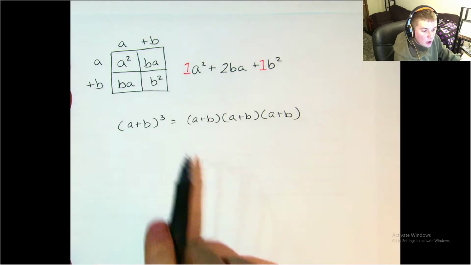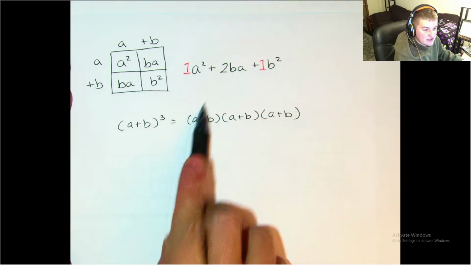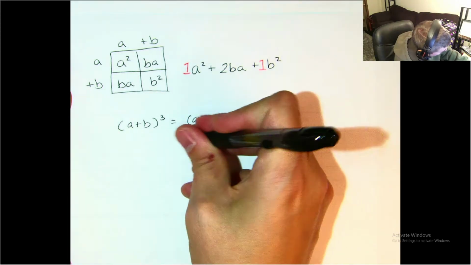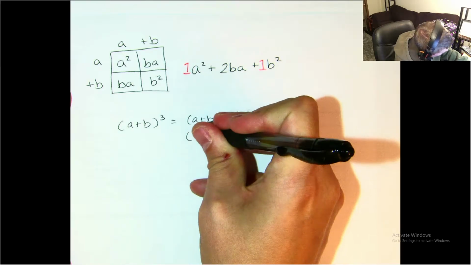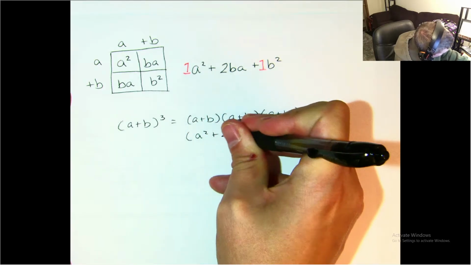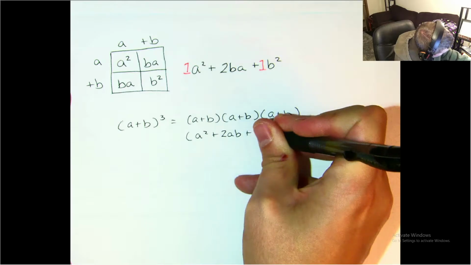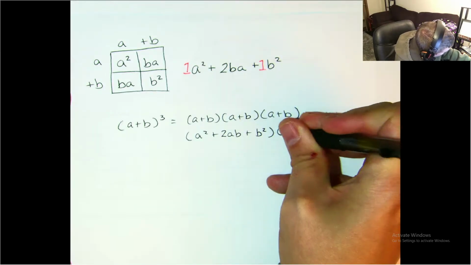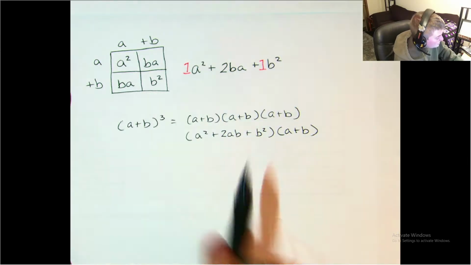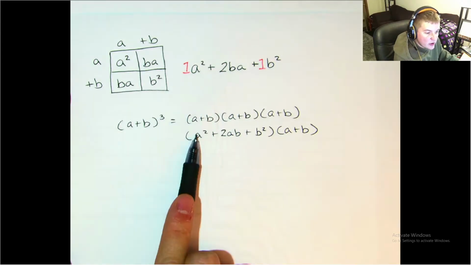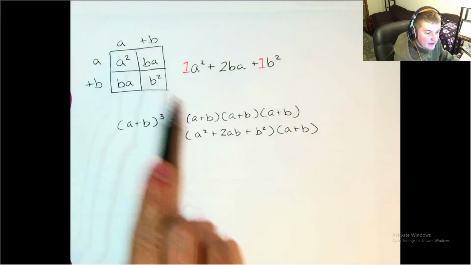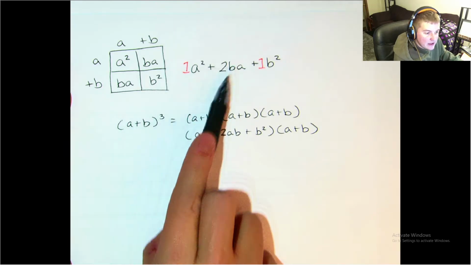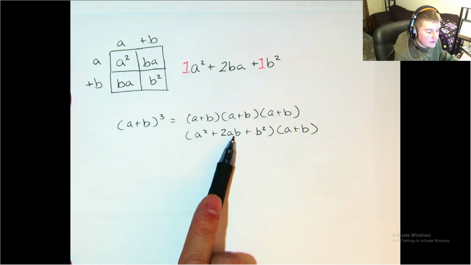Well, we've already done this part. We know that this is the same as this. So now I'm going to say this is a squared plus 2ab plus b squared, and I need to multiply it by a plus b. Because we already know that this is what this is equal to. We just did that. A plus b times a plus b is right here. And again, ba and ab are the same thing.